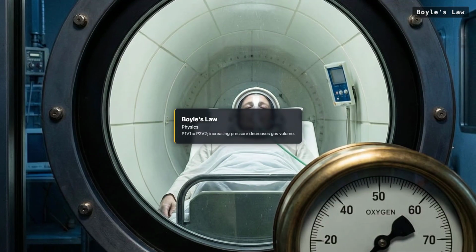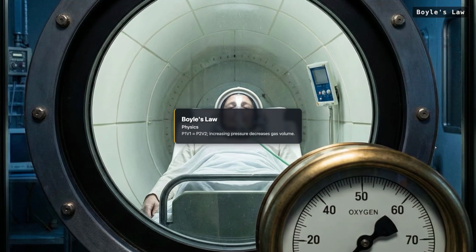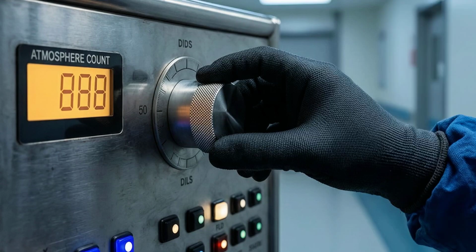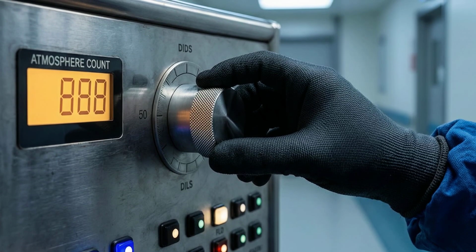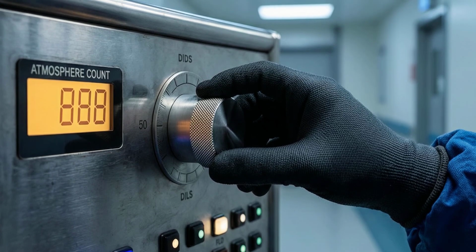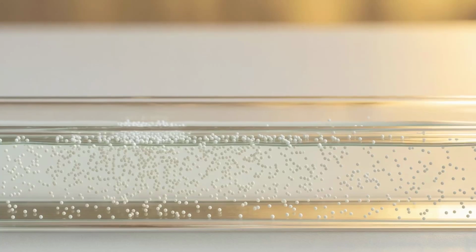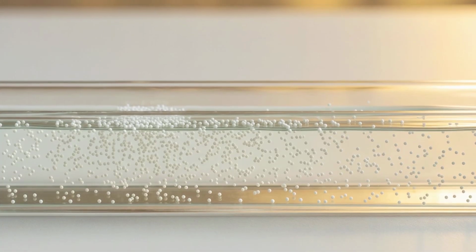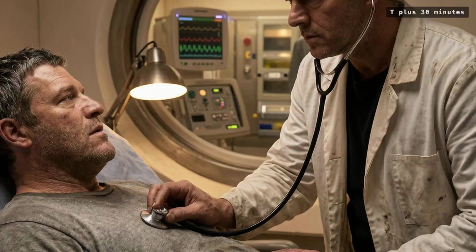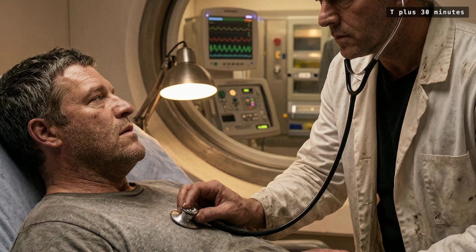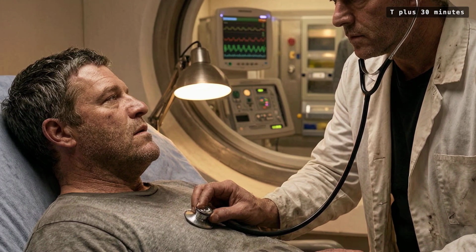This principle states that at a constant temperature, the volume of a gas is inversely proportional to the pressure exerted upon it. By increasing the atmospheric pressure to nearly 3 times that of sea level, doctors are physically crushing the air bubbles inside RL's vessels, shrinking them until they are small enough to pass through the capillaries and be absorbed. This is the definitive sign of a mill wheel murmur, a splashing sound heard through the stethoscope as the heart beats against trapped air bubbles.